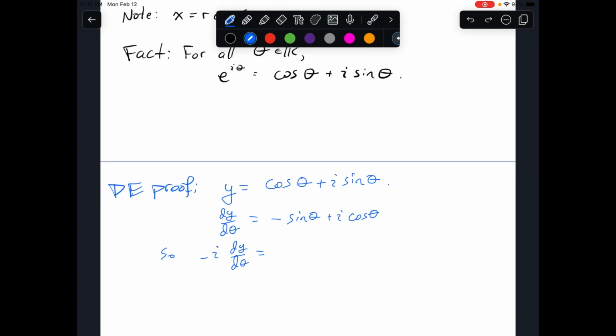So if we do this, negative i times negative sine becomes positive i times sine of theta, and then negative i squared cosine of theta. But remember, i squared is equal to negative 1, and so you get a double negative, which gives us i sine of theta plus cosine of theta.